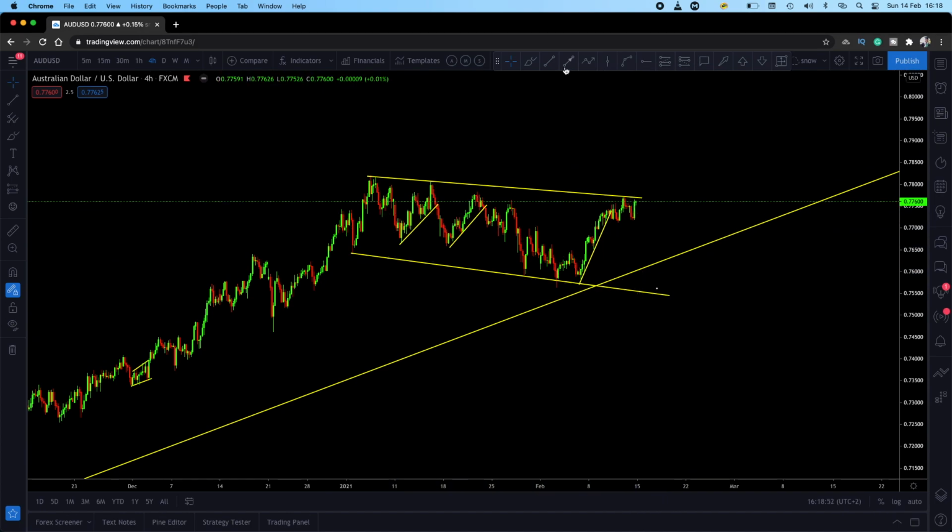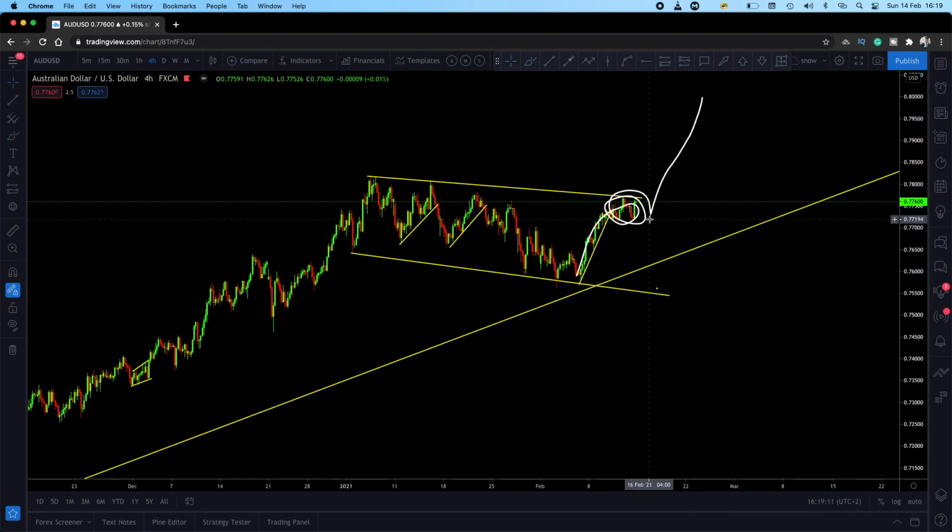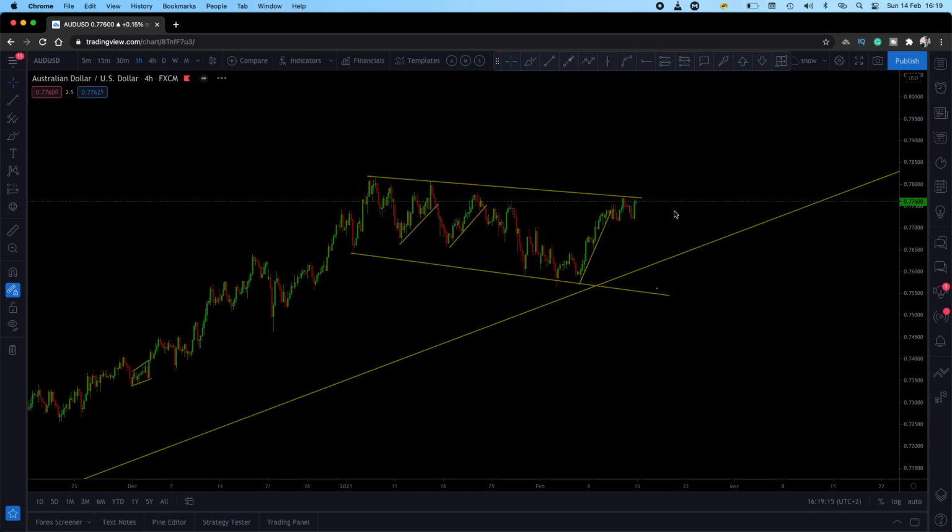it could easily, instead of coming down like this, push up from here, come to this level with this correction that is forming here, and then go up. So let me go down to a 1-hour time frame and focus on this pattern here.